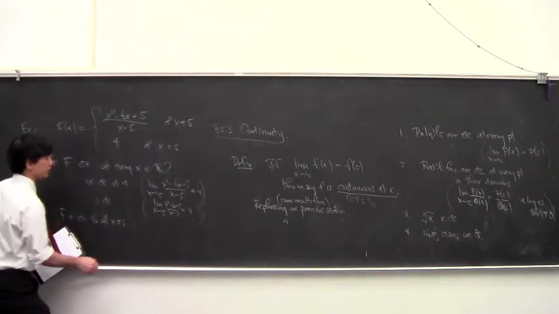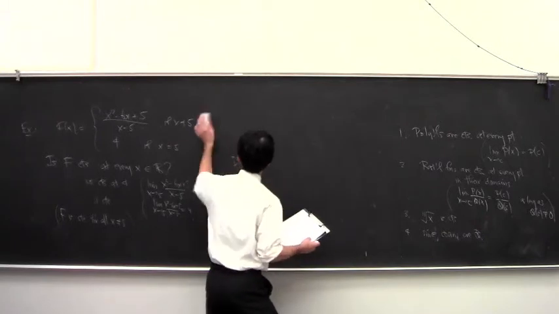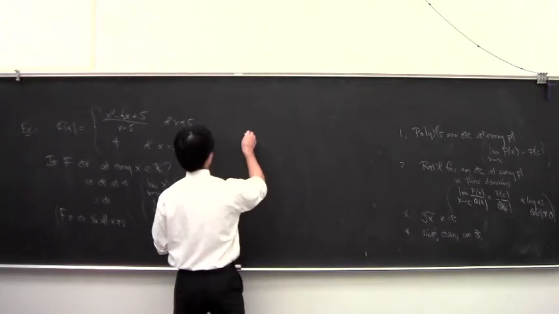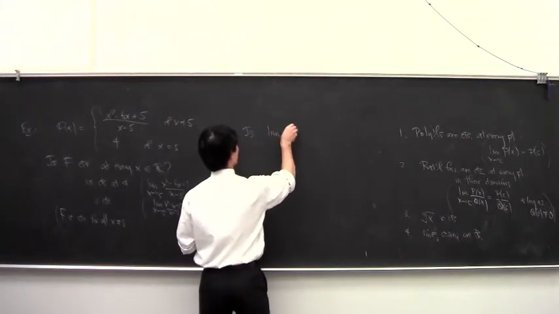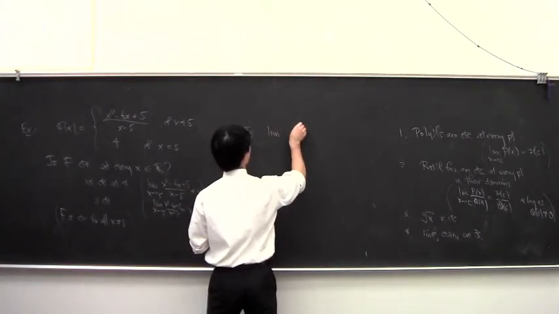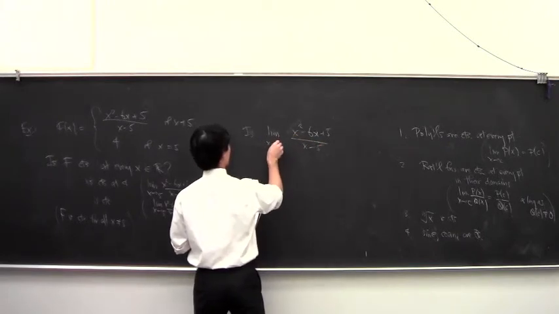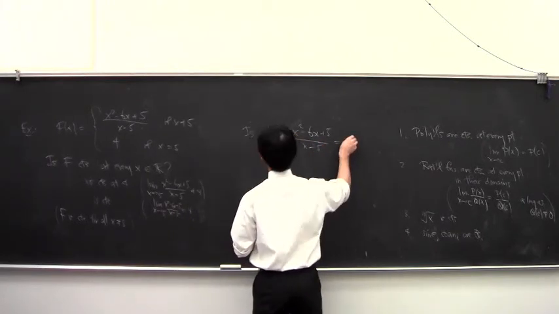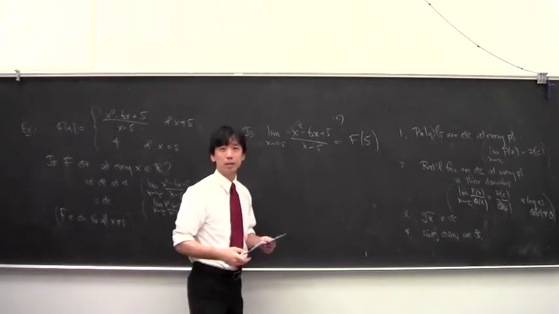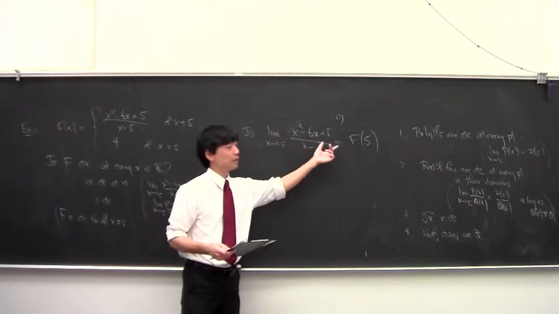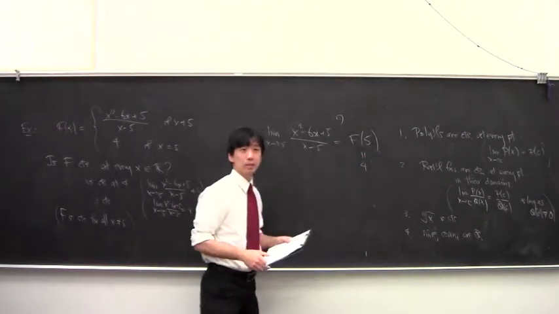Now the only question is, what about at 5? We're asking: is the limit of f of x as x approaches 5 equal to the value of the function at 5, which is 4?